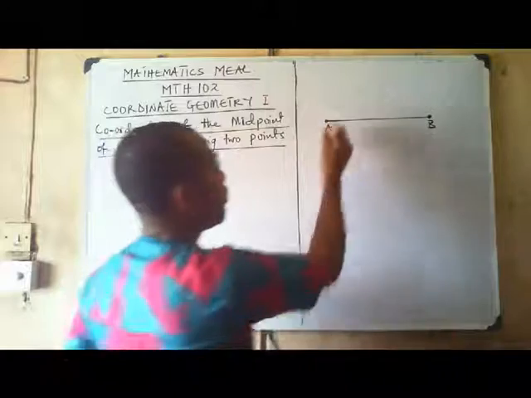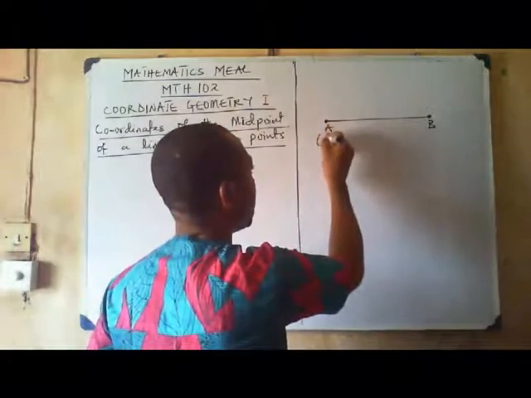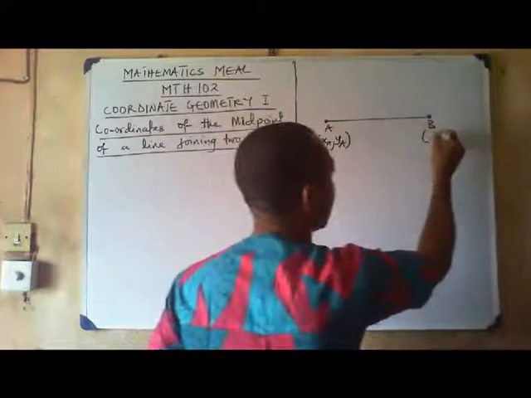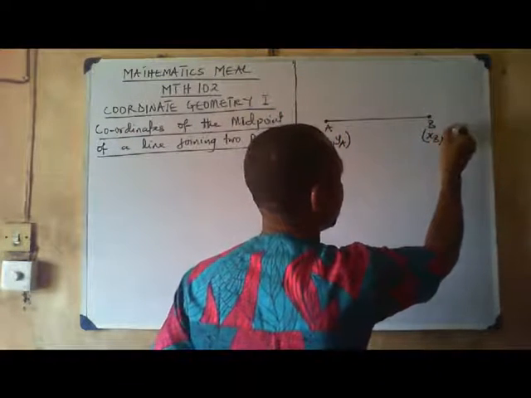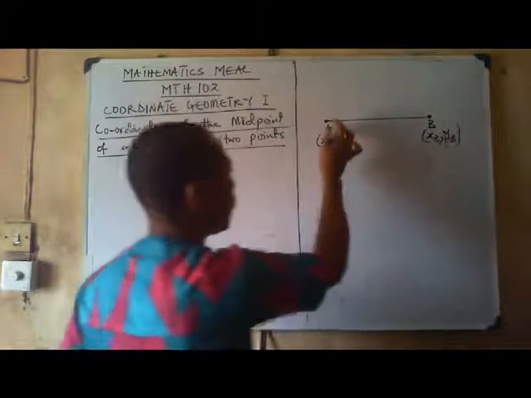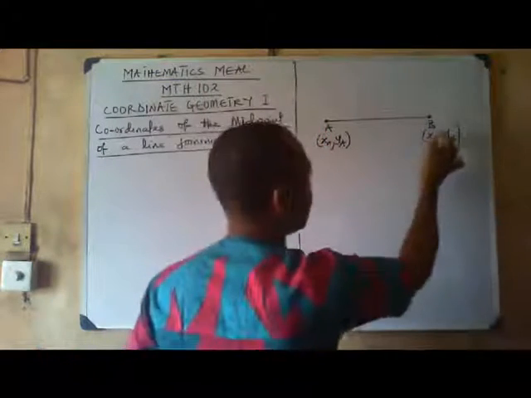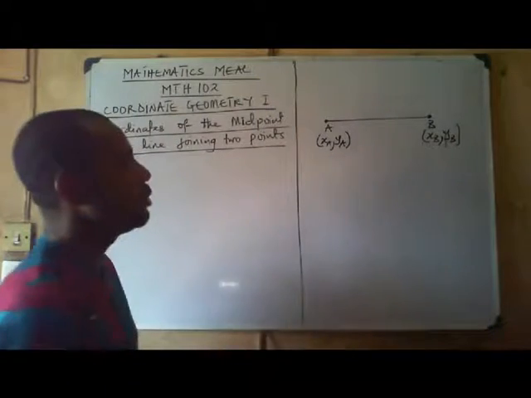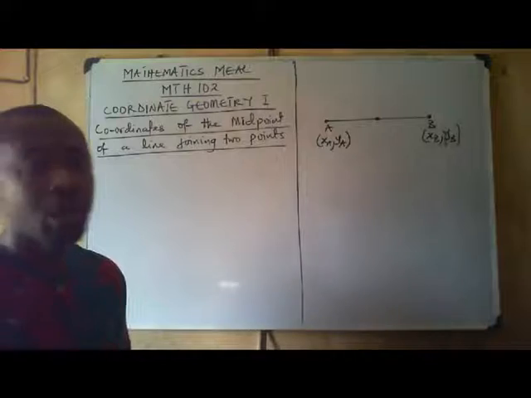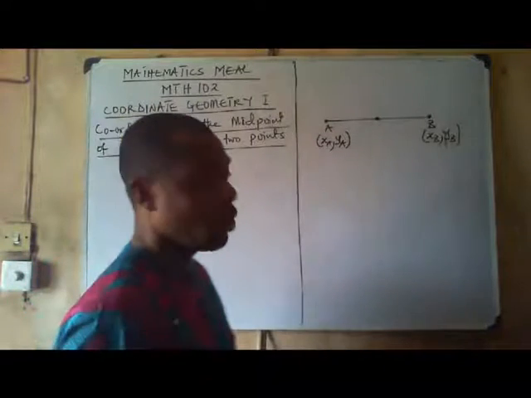Now, for us to locate this point, we must have coordinates, and then we must also have coordinates of point B consisting of XB and YB, and for A, XA and YA. Now, the middle of this line, we also have a coordinate.